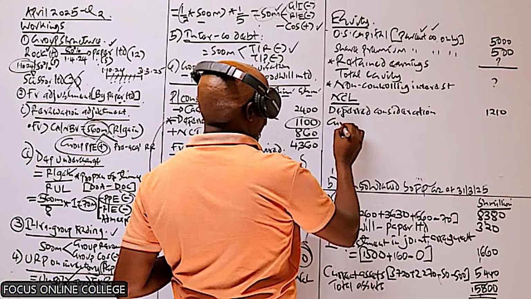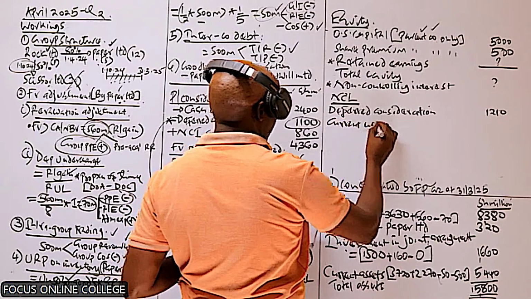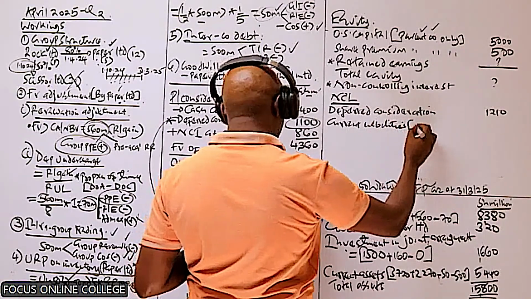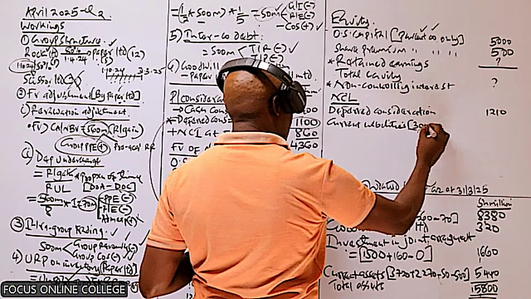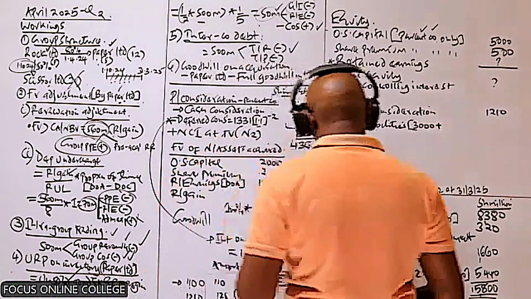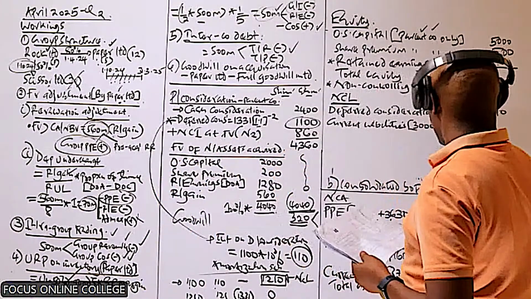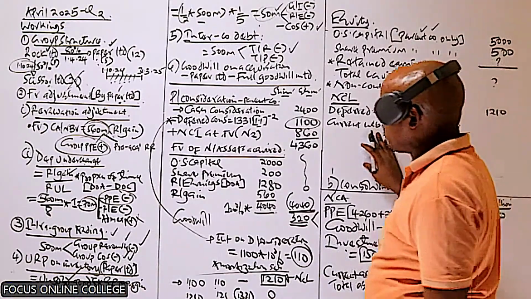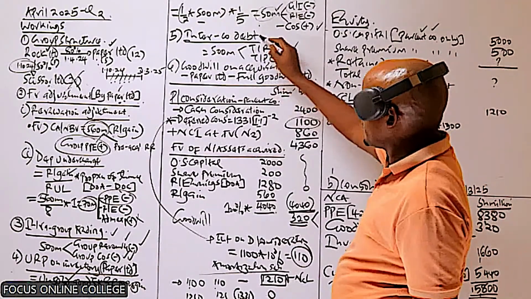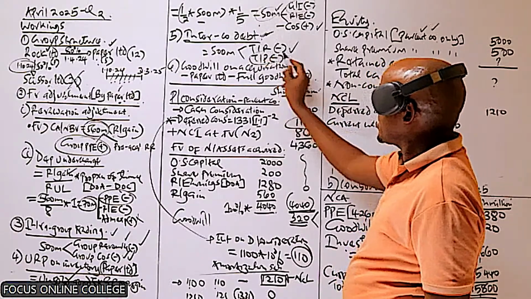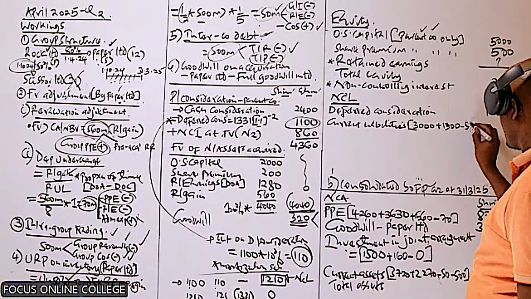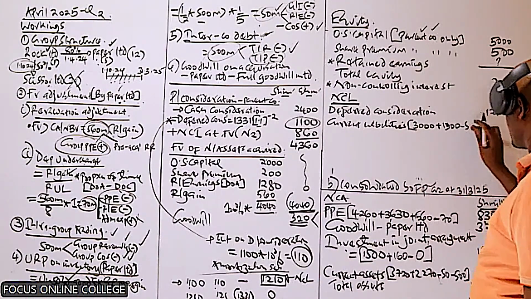And then finally, we have the current liabilities. For current liabilities, we take those of the parent, 3,000, plus 19, those of the subsidiary. Then you have to recall that these include payables. We have an amount of intercompany debt, which should be adjusted from the payables, this one, 500. So that one should be deducted here, 500.